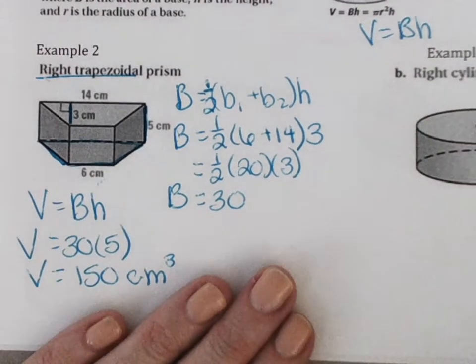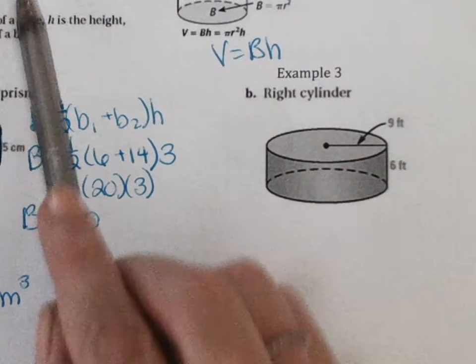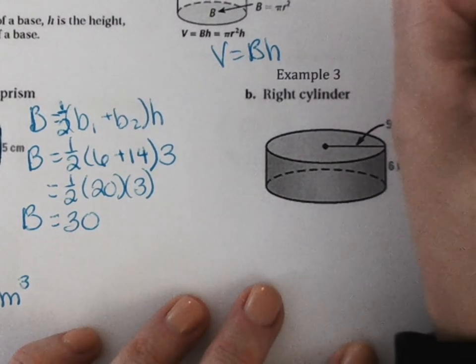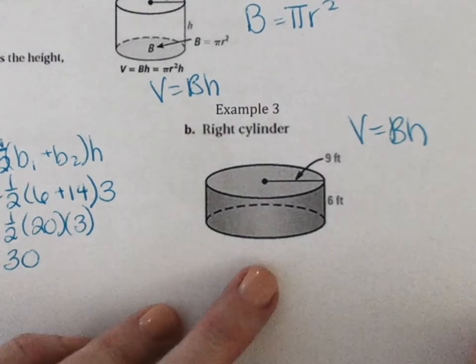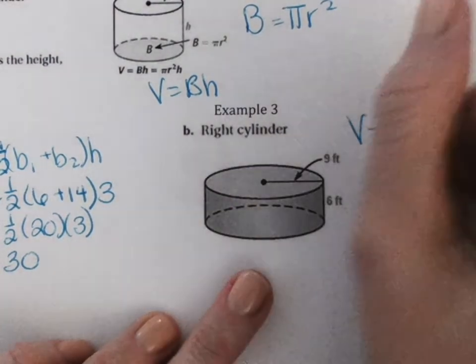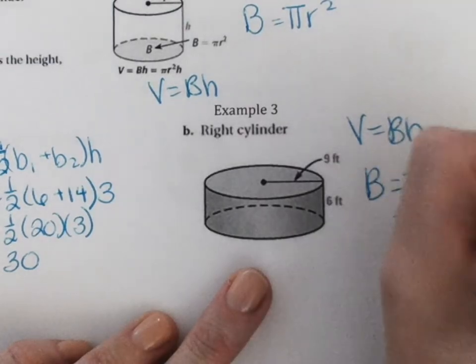All right, the right cylinder. So notice a cylinder, we're going to look up at theorem 11.7, volume of the cylinder. We've still got volume is base times height, area of the base times the height. But remember, the base of the cylinder is a circle. So that's going to be pi times the radius squared.